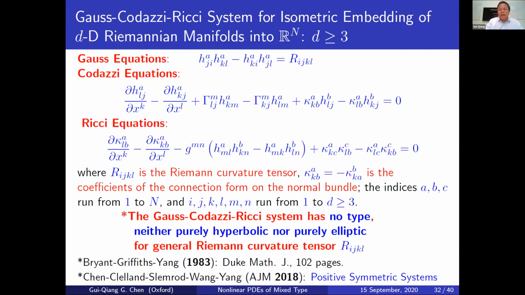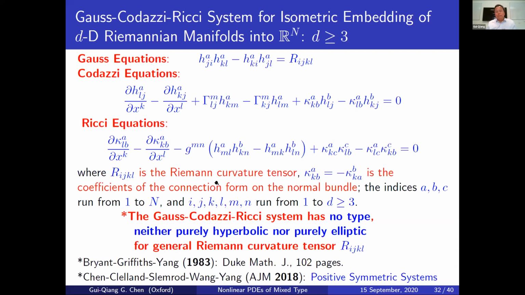Now, what about high dimension? If we go from dimension 2 to R^n, then we should add the Ricci equation, so the system becomes the Gauss-Codazzi-Ricci equations. Normally this system is very big, dependent on dimension, a huge system, and this system has basically no type.